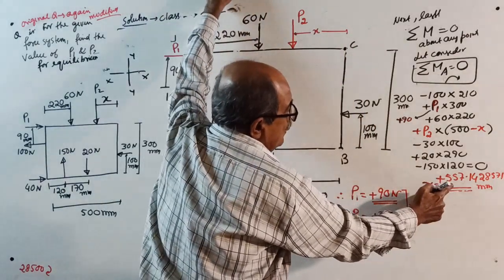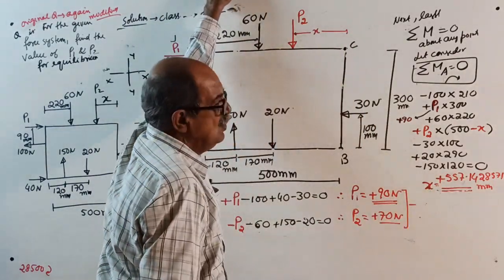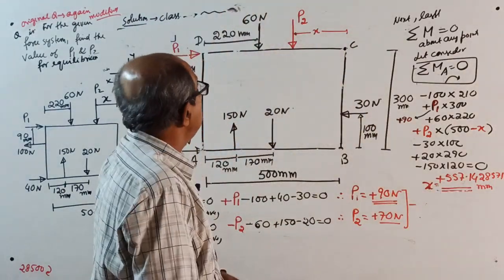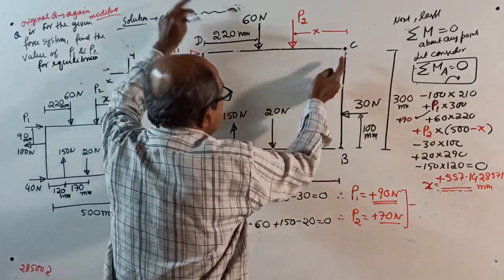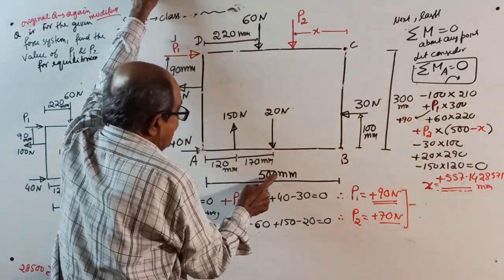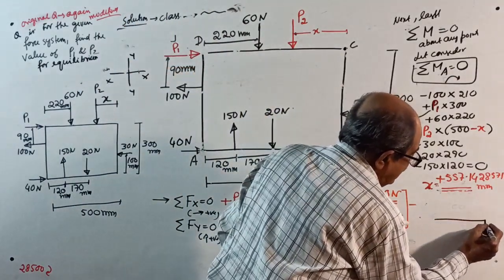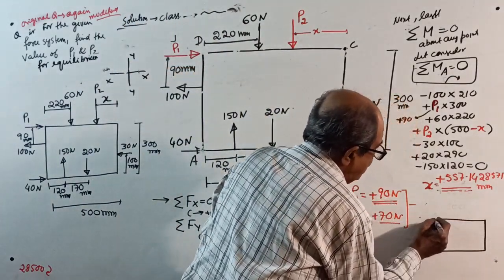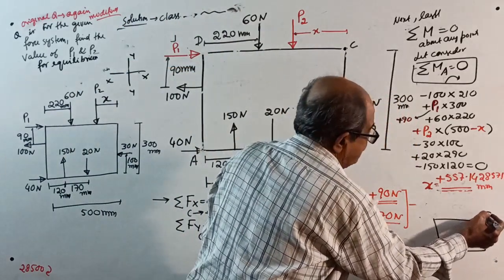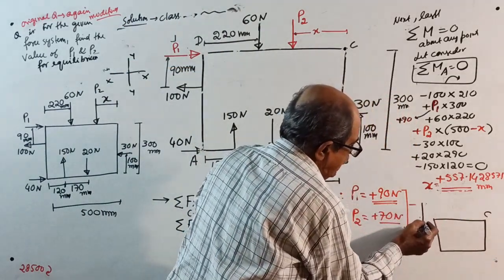But the answer is 557.142857, meaning the P2, from here to here is 500. Therefore, the P2 should not be acting here. This is the point C. Your P2 should be acting here.